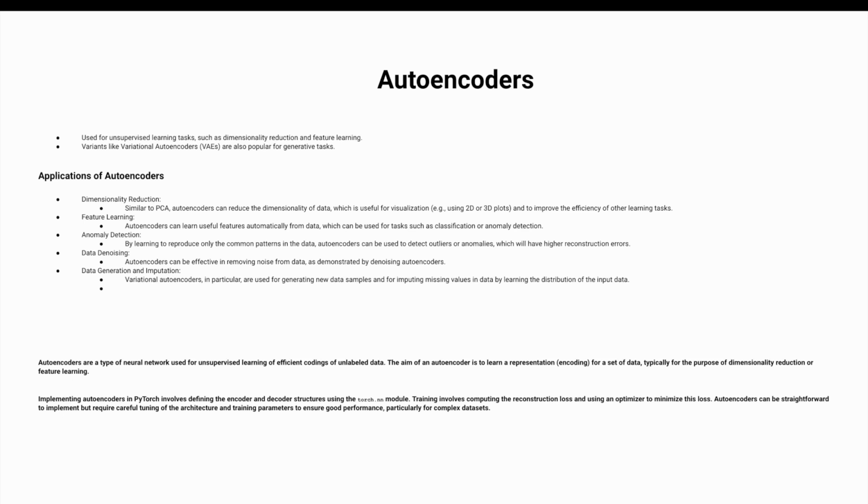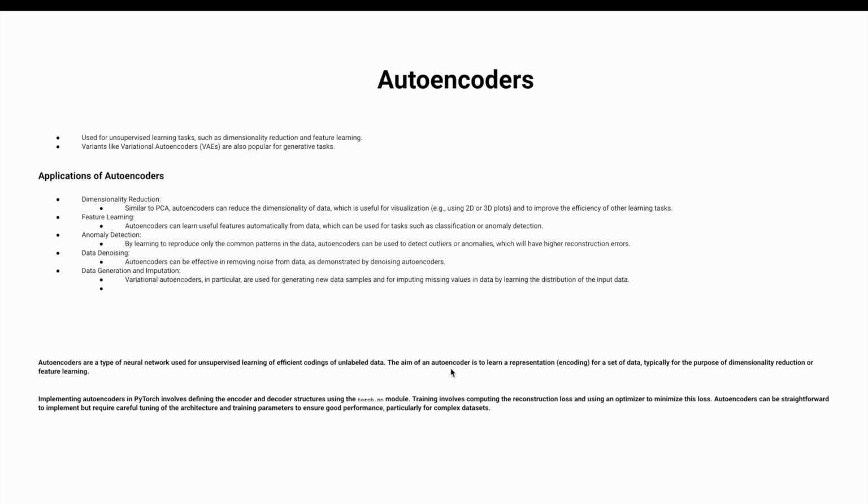Variational autoencoders, in particular, are used for generating new data samples and for imputing missing values in data by learning the distribution of the input data. Essentially, autoencoders are a type of neural network used for unsupervised learning of efficient codings of unlabeled data.